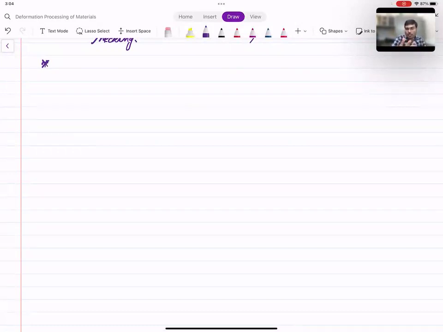The punches are used to press the blanks into preformed dies which have the shape of the final product. Ultimately those sheets or blanks take the shape of the die and get converted into the desired shape or product. So deep drawing is basically a metal working process.